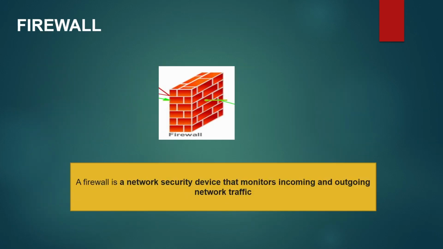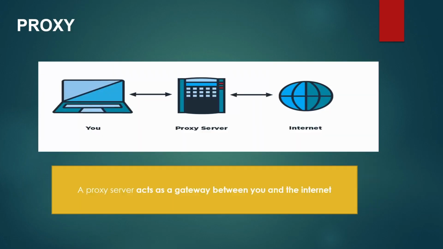Now let's look at what is firewall. A firewall is a network security device that monitors incoming and outgoing network traffic, basically to decide whether to allow or block specific traffic based on a defined set of rules. That is the job of a firewall. A firewall can be hardware, software, or both. Now let's move on to proxy. What is proxy? A proxy server acts as a gateway between you and the internet.